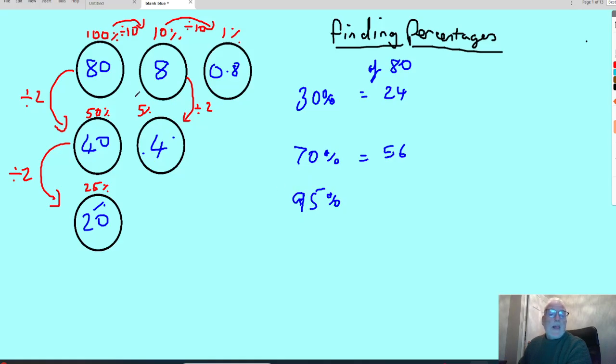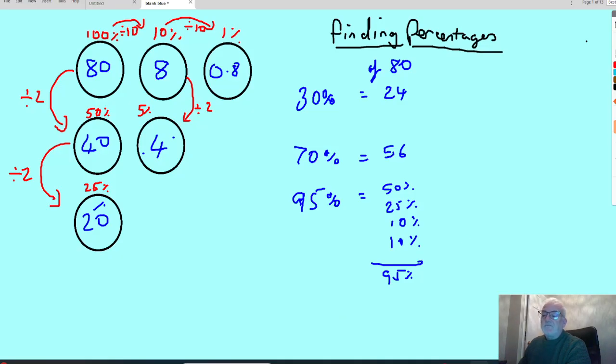And if I wanted to find 95%, I could do 50% plus 25% plus 10% plus 10%. So I'm just going to write this one out. I could do 50% plus 25% plus 10% plus 10%. And that would give me 95%.